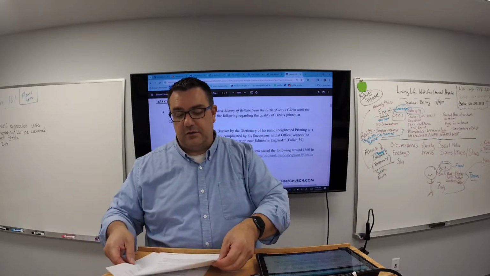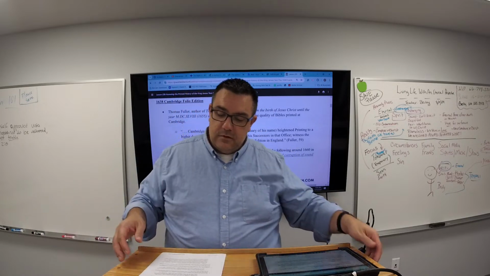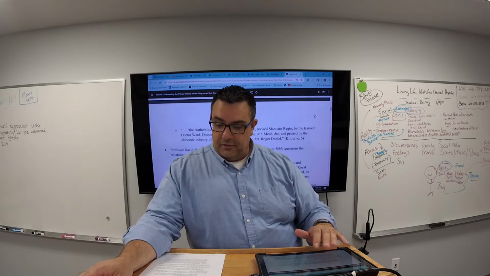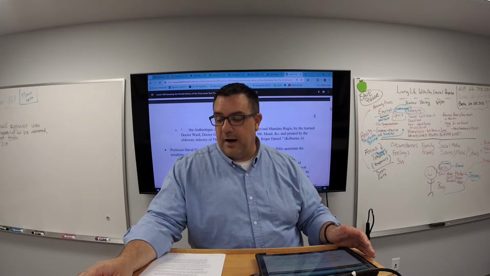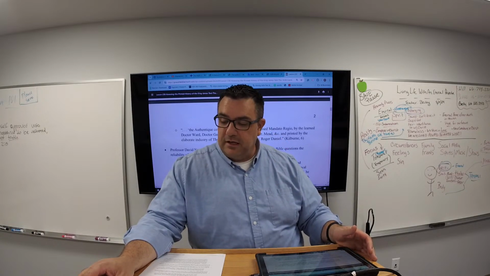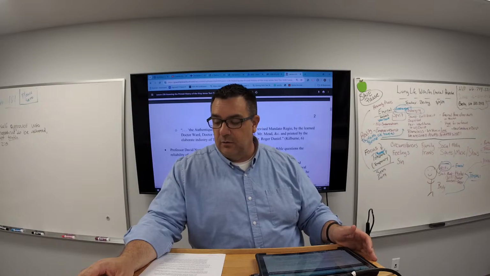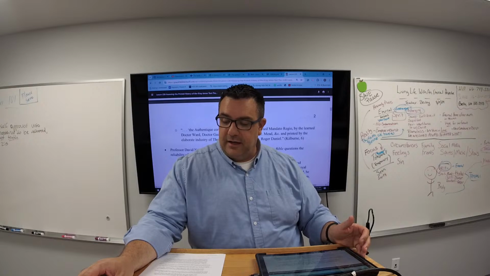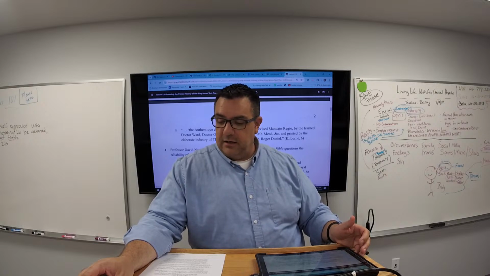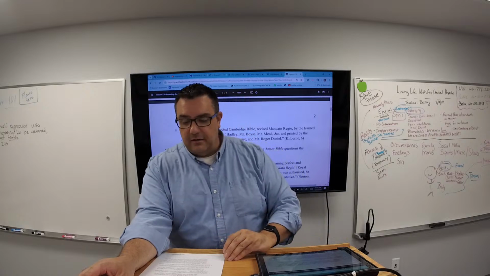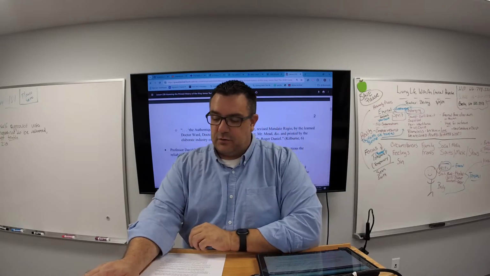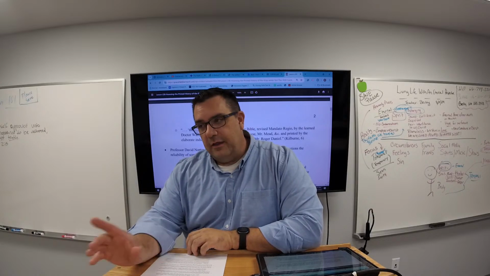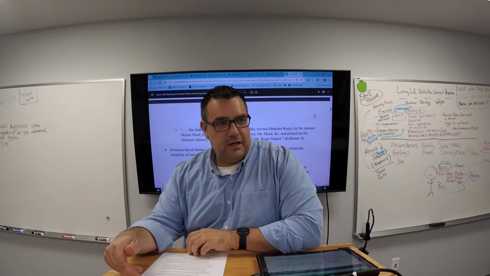Top of page 2, he says, quote, the authentic, that's what that word means, the authentic corrected Cambridge Bible, revised Mandato Regio, by the learned Dr. Ward, Dr. Goad of Headley, Mr. Boyce, Mr. Mead, and printed by the elaborate industry of Thomas Buck, Esquire, and Mr. Roger Daniel. Okay? Now, all of that is referring to the 1638 Cambridge.